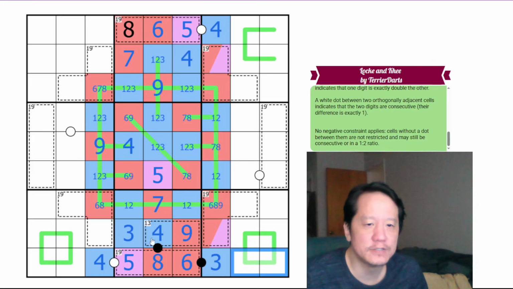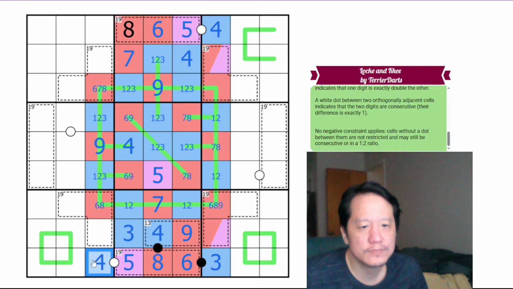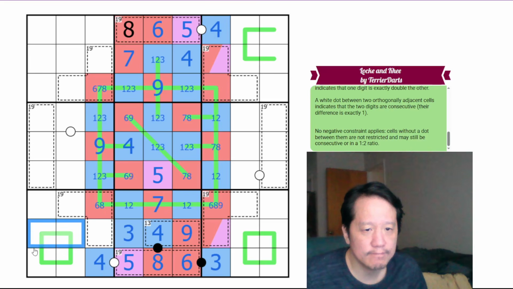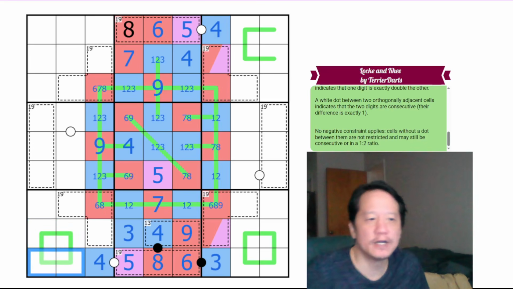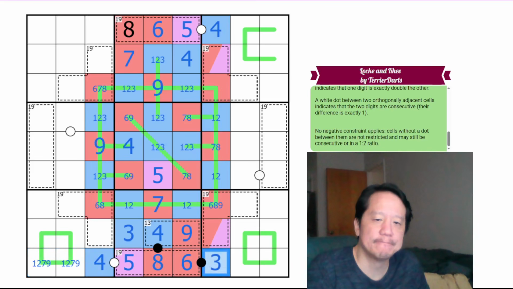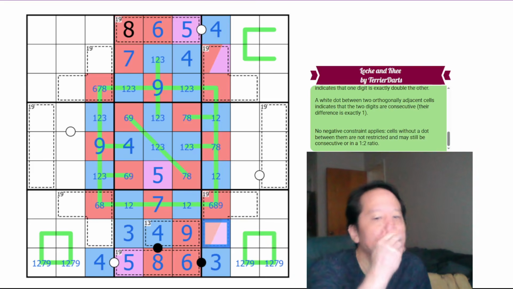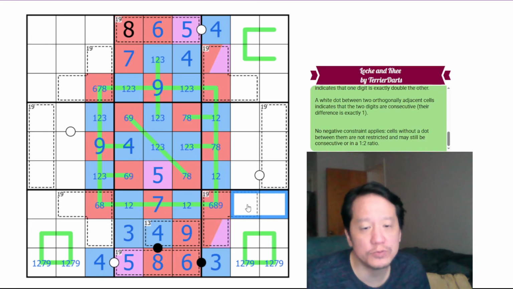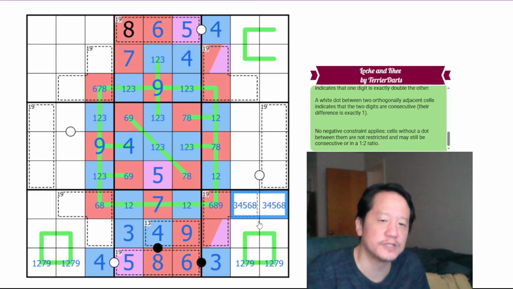Remaining digits of... This is 4, that's 4. Does that help any? I don't really know. Remaining digits of row 9 are 1, 2, 7, 9. Does that help? I don't really know. Remaining digits of row 7 are 3, 4, 5, 6, 8, 9.